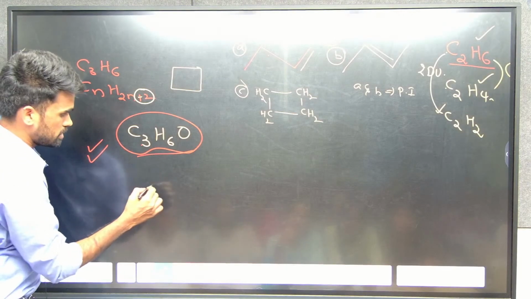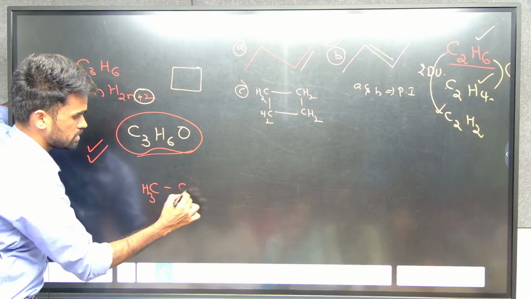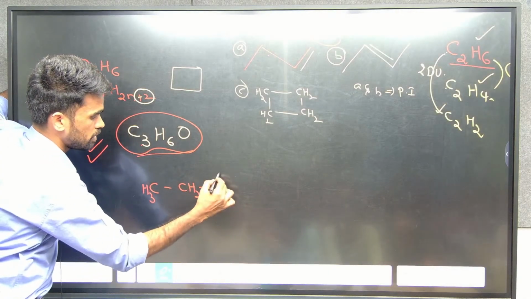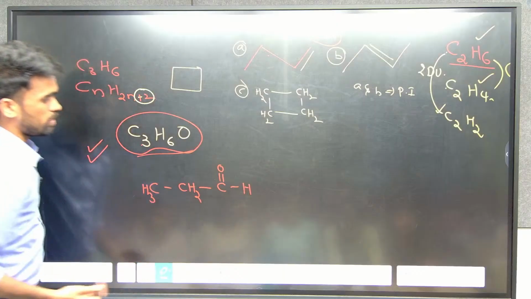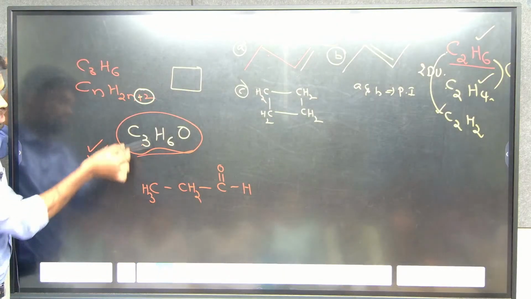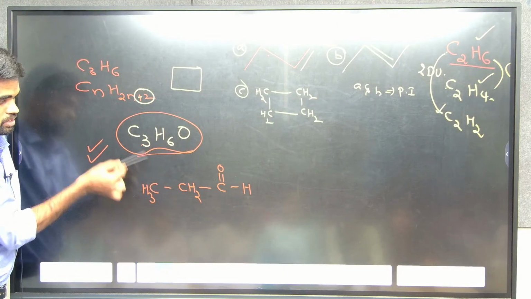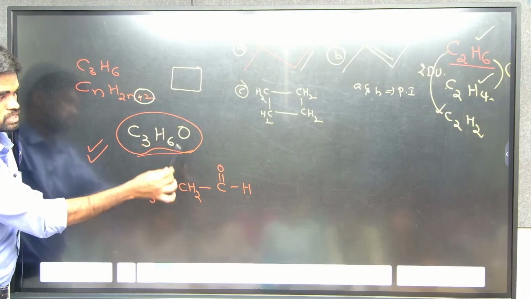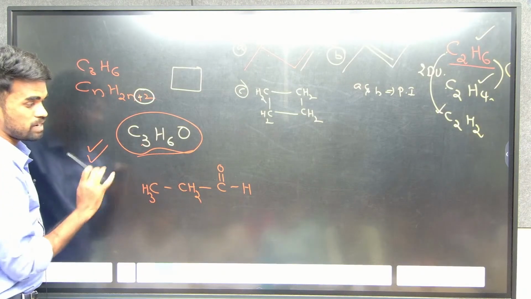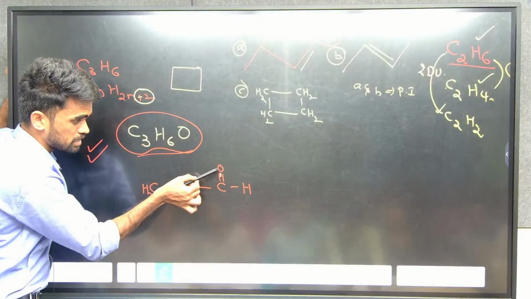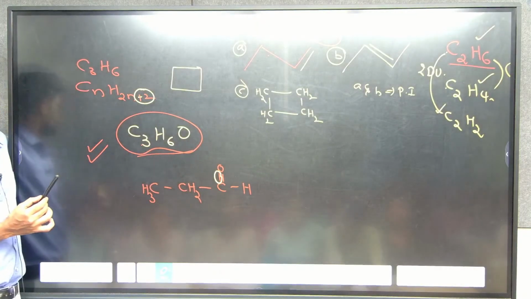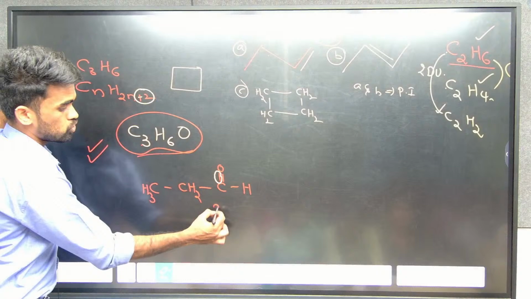Okay. So see here what I am writing, CH3, CH2, CHO. What is this functional group? See whether this formula is satisfied or not. 3 carbons, 6 hydrogens, 1 oxygen. 1 degree of unsaturation, I told you, is nothing but the 1 pi bond here. So what is this functional group?